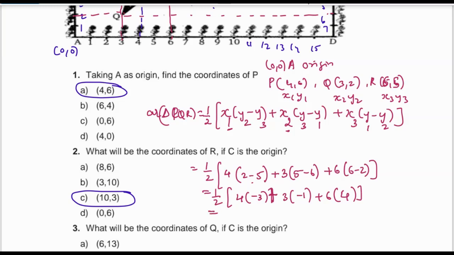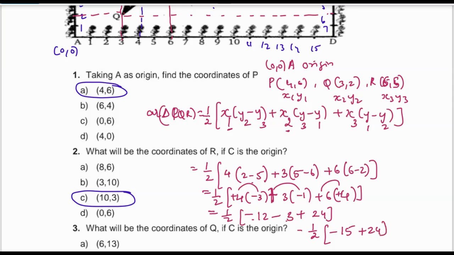So it will be 1 by 2. Plus into minus is minus, 4 into 3 is 12. Then again plus into minus is minus, 3 into 1 is 3. Then plus into plus is plus, 6 fours are 24. So now it will be 1 by 2 into minus 15, minus 12 minus 3 is minus 15, plus 24.